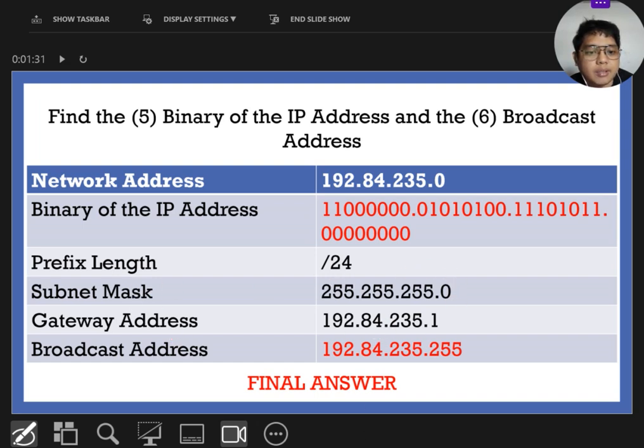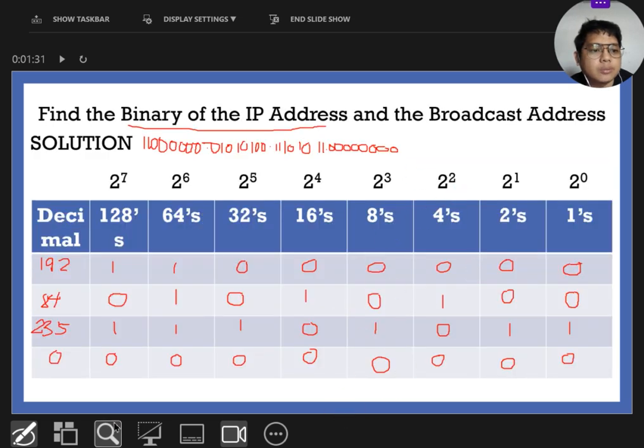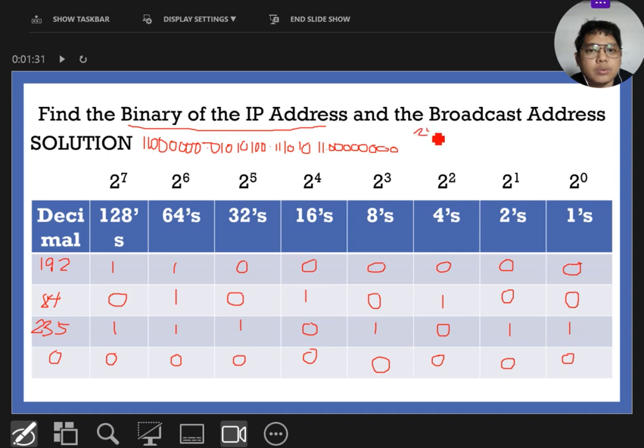Our subnet mask is 255.255.255.0, so subtracting it from the maximum, our host address is 0.0.0.255.